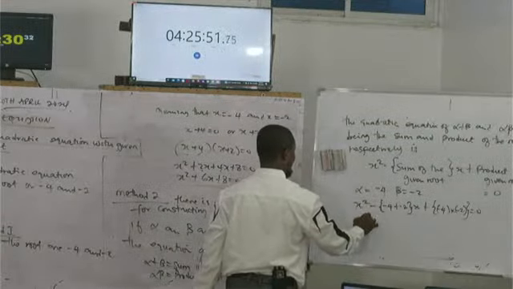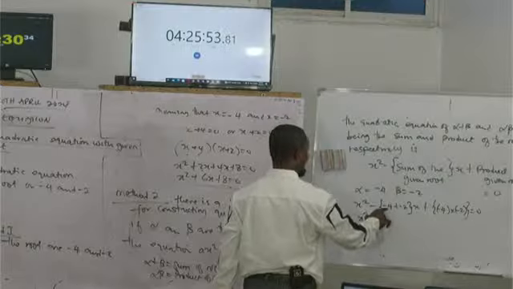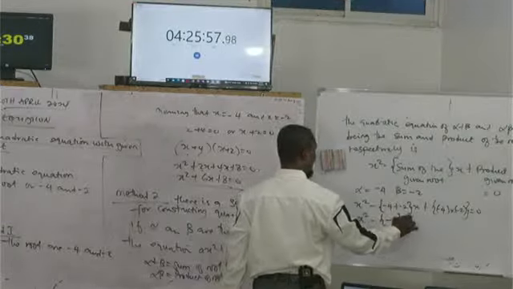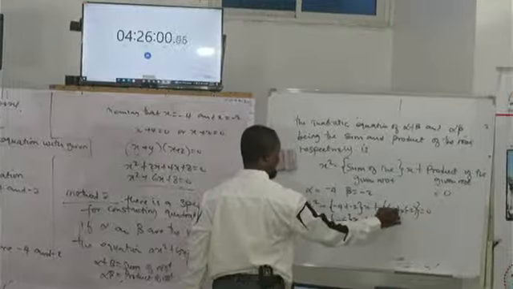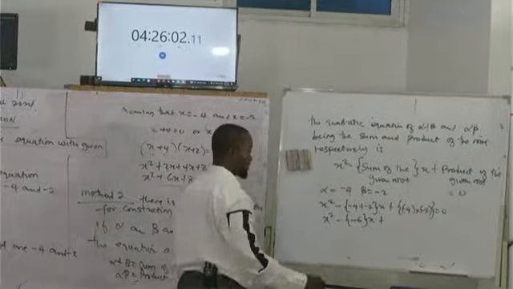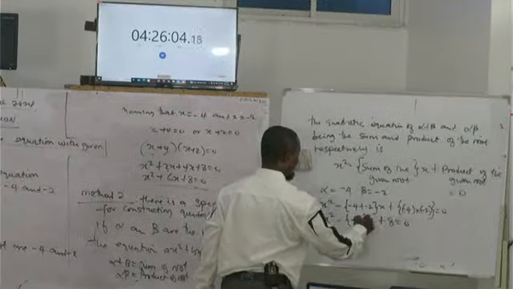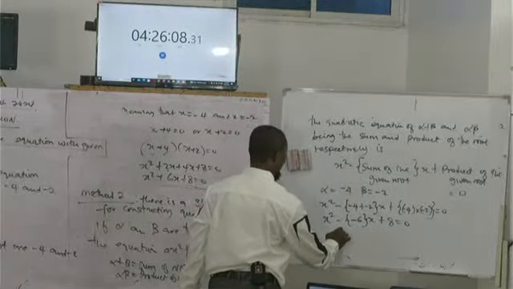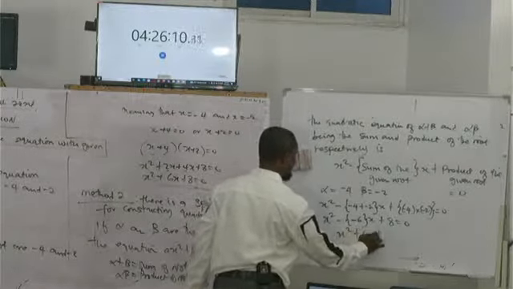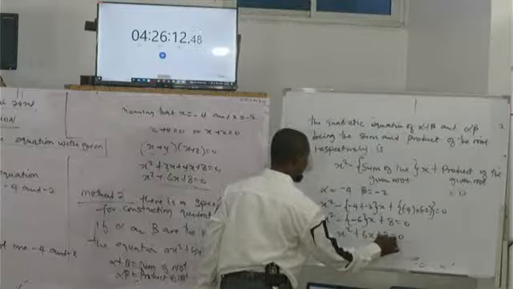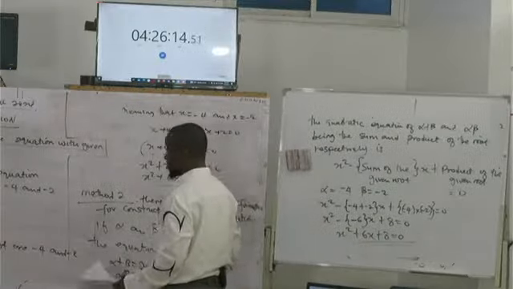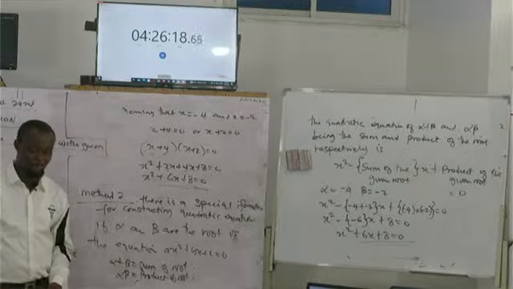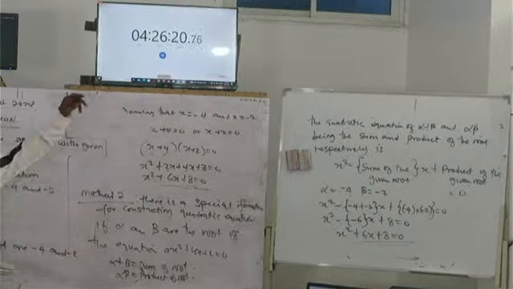So that will be x squared minus (minus 4 minus 2) x plus (minus 4 times minus 2) equals 0. Minus times minus is plus, so that will be x squared plus 6x plus 8 equals 0. See, the same answer. Which one do you prefer?